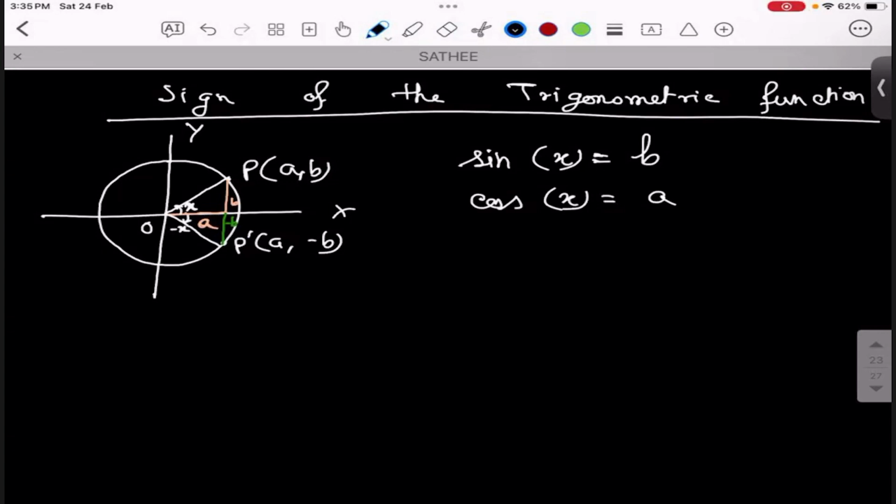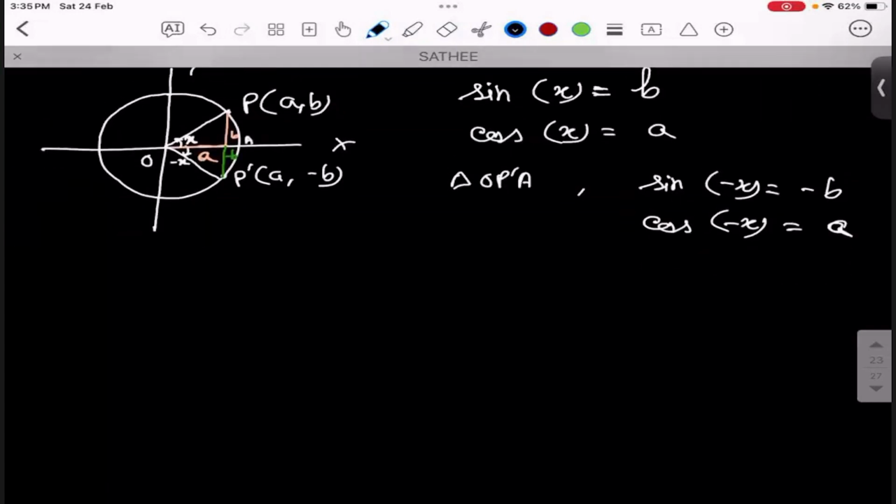Now from the triangle OP dash A, one can clearly say that sine of minus x equals minus B, and cos of minus x equals A.